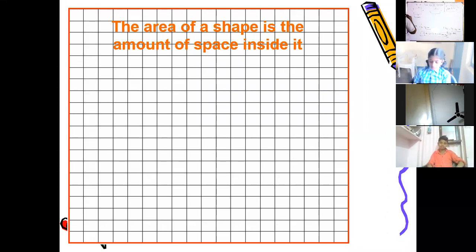So the first perimeter is 22. Is this okay?